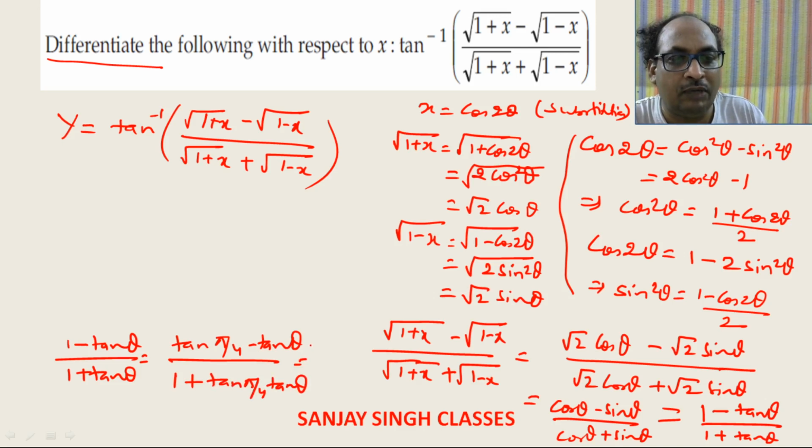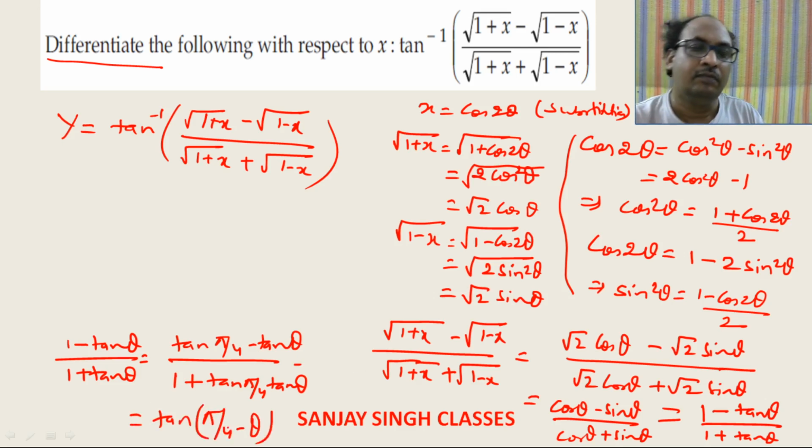It is the formula for tan of pi by 4 minus theta. So this formula we have got.